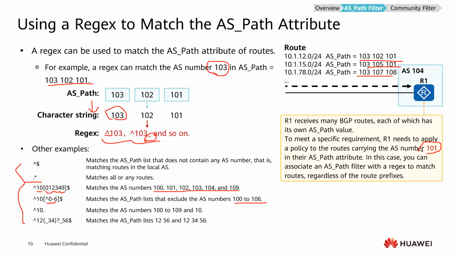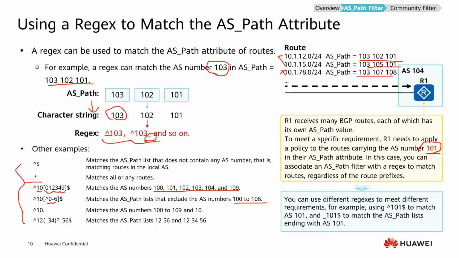Now you need to match the routes that have 101 in the AS path. That means you need to receive only these two routes because they have 101, but the third one does not, so you will discard it. You can use different regexes to meet different requirements.